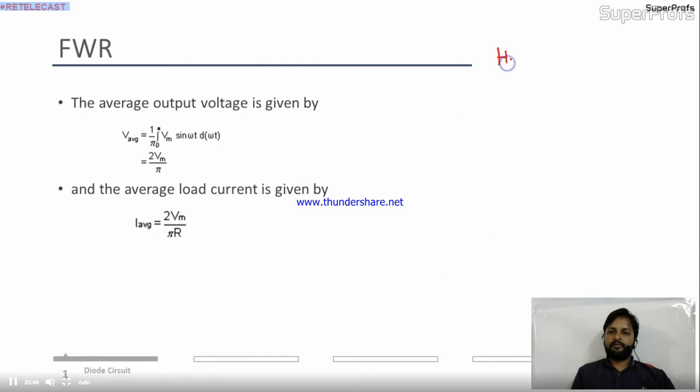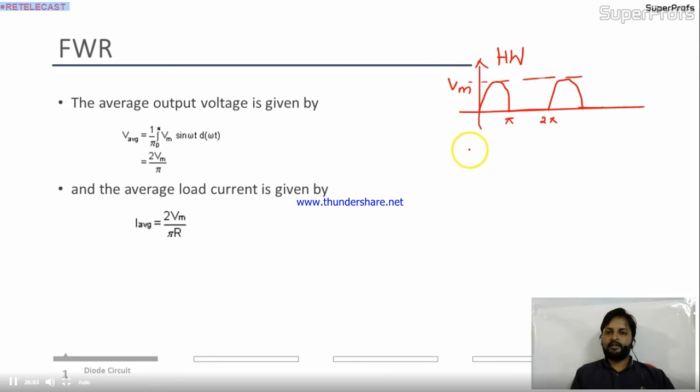Last time in the half wave rectification, let me clearly mention over here, the wave was like this, from 0 to pi, 2 pi, with peak Vm. For half wave, V average is 0.317 of the maximum value.